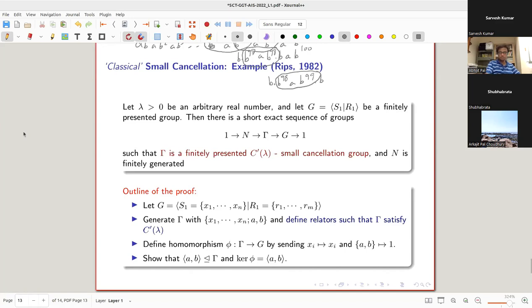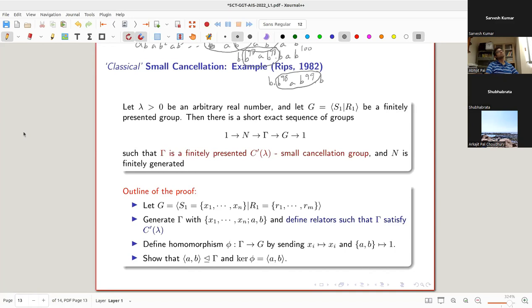And what is the kernel? The kernel is this, and hence I get the finitely presented group G as a quotient of a C prime lambda group, and C prime lambda groups are hyperbolic groups. So I get an arbitrary finitely presented group G as a quotient of a hyperbolic group, and that is a phenomenal result in the sense that it gives us something called SQ universality, that I have arbitrary quotients, right?